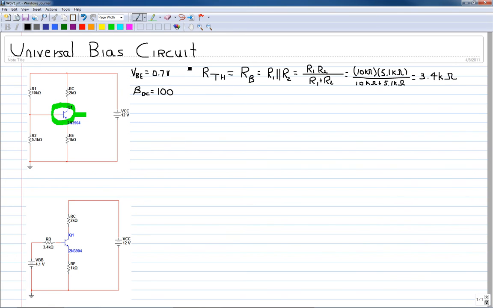Okay, so now we've got RTH. The next quantity we need is VTH.